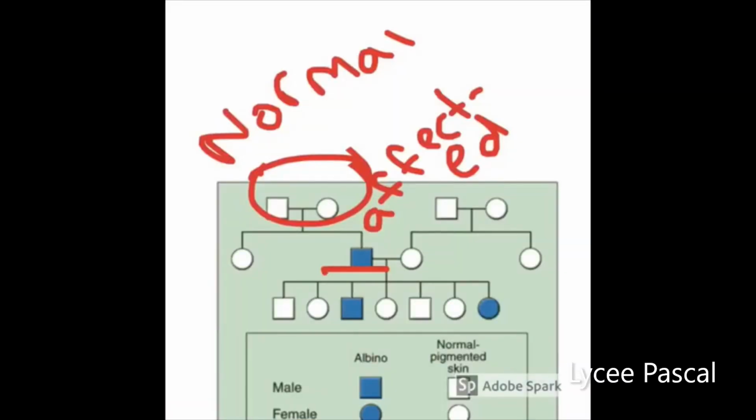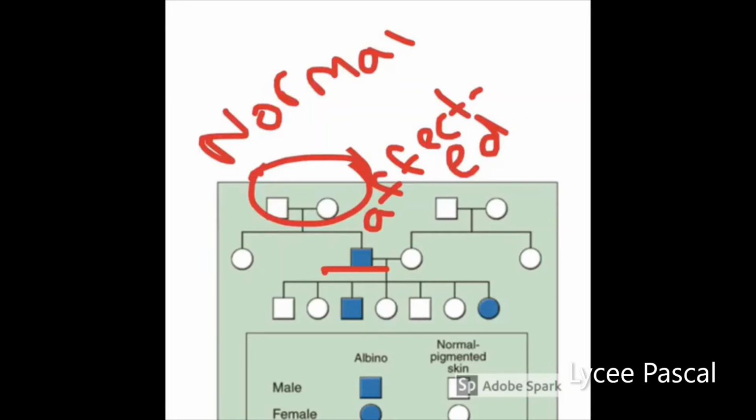Okay, so let's start answering the first question. We are going to look at the pedigree again. We see that we have a normal couple and an affected child, child number 6. So we are going to start our answer by saying that parents 1 and 2 are normal, but they have an affected child number 6.